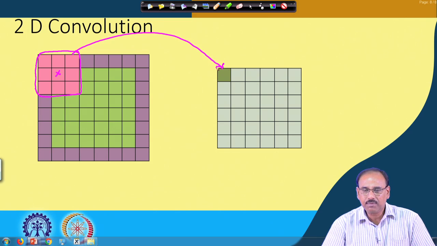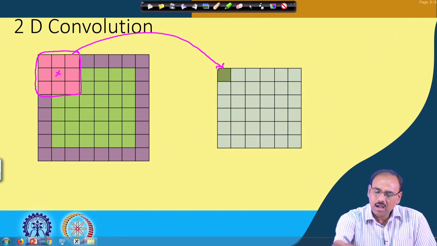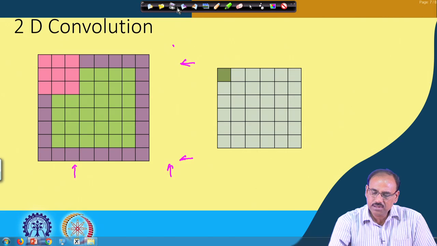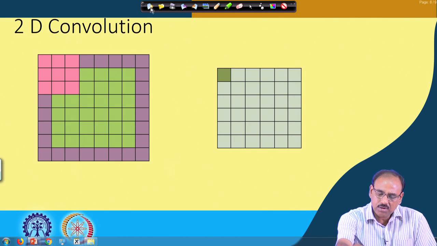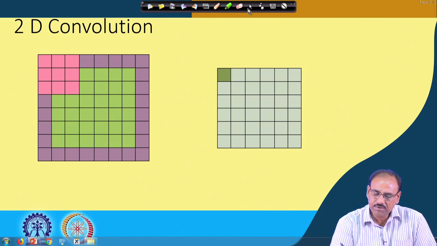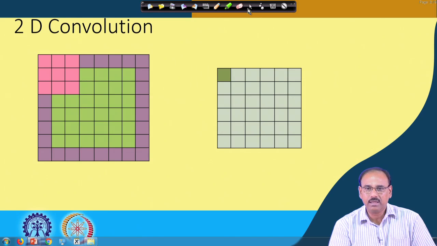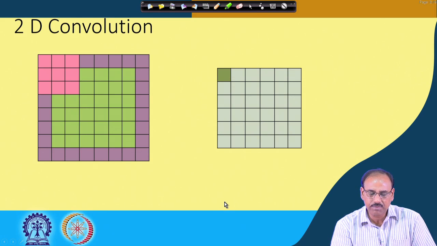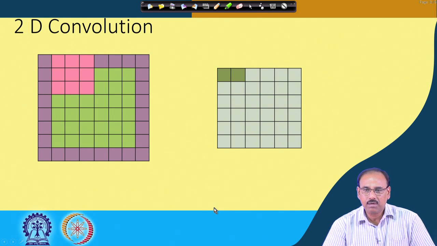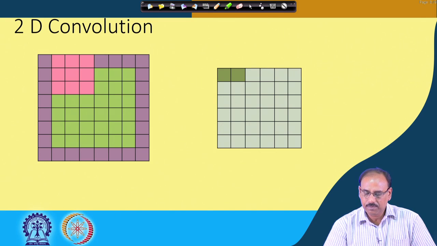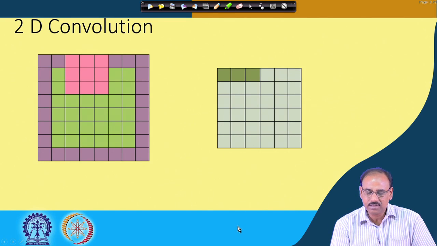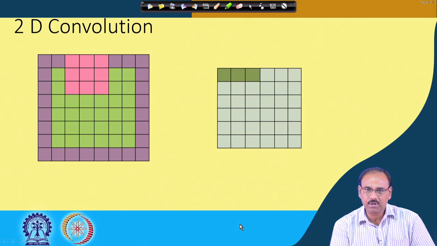The way you perform this convolution is that after convolving at this location, you shift the kernel in the horizontal direction. Here we shift it by one location, perform the same operation, and you get the next convolved value in your feature map. You continue like this, shifting the kernel and computing the next value.